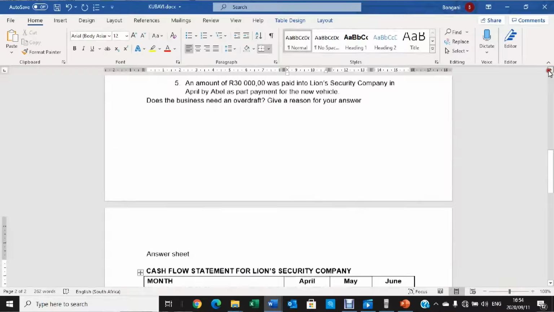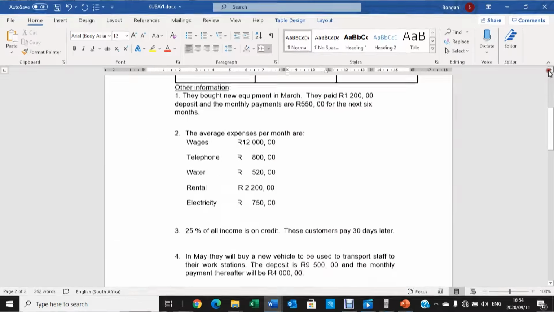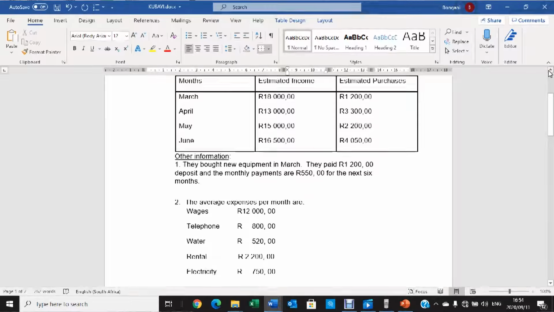As we are on the other expenses, those will be expenses that the business is going to make which are not either the monthly expenses or the purchases. And then adjustment number 1 or transaction number 1 or information number 1, it says that the business is going to buy a new equipment in March.